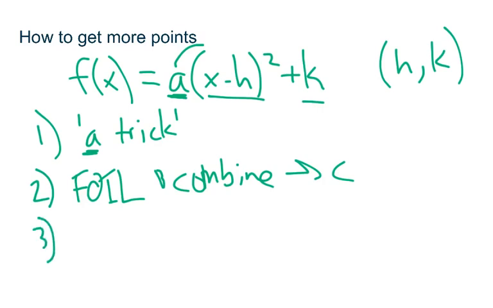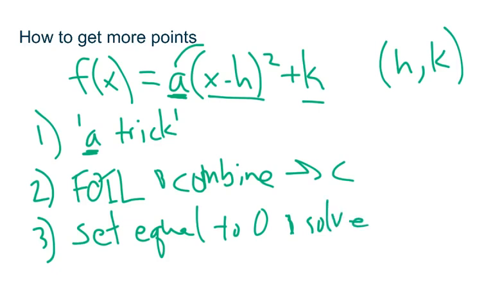And then finally, another option would be to set it equal to 0 and solve. This form might look a little bit familiar from when we would do stuff like x plus 3, quantity squared, minus 4 is equal to 0, and I said solve it. That's solving by taking square roots. And that's why we did that, so we could use vertex form at this point.